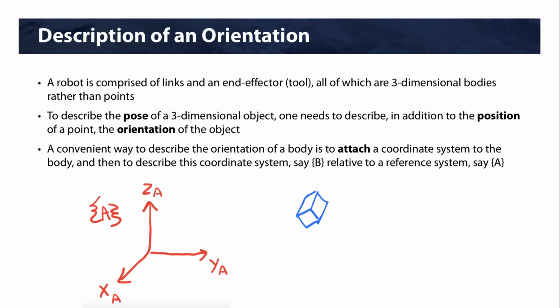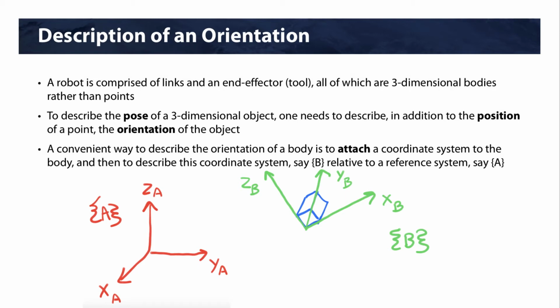We're going to attach a coordinate system to our rigid body. So say this is XB, this is YB, and this is ZB. Now we want to describe frame B in terms of frame A.